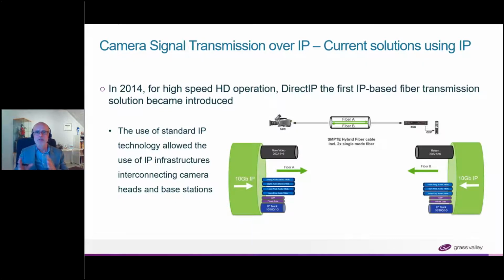The nice thing is, since we use regular off-the-shelf Ethernet between camera head and base station, the camera system can also use off-the-shelf hardware to connect camera head and XCU over a larger distance.